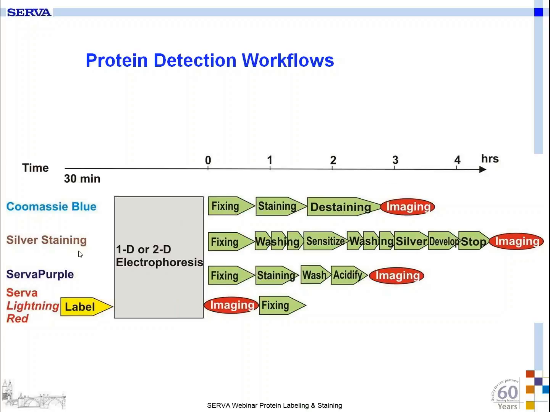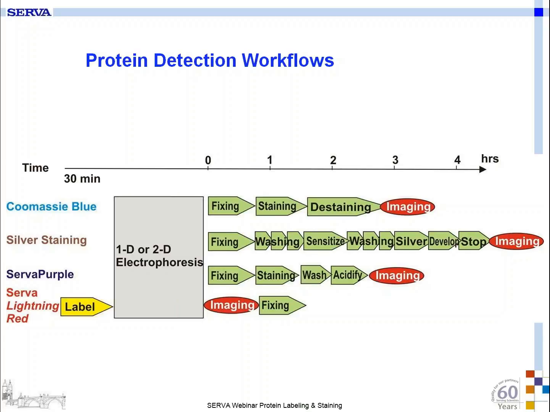Even worse is silver staining. Then you fix, you wash, you sensitize, and so on until you develop and stop. You get an image after 4 hours. SERVA Purple is a little bit better because you just have to stain, wash, and acidify, but nonetheless, it's 2.5 hours before you get your first image.